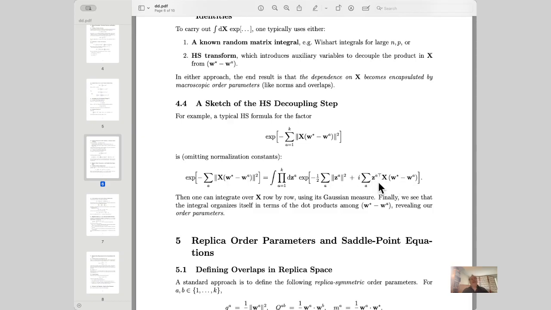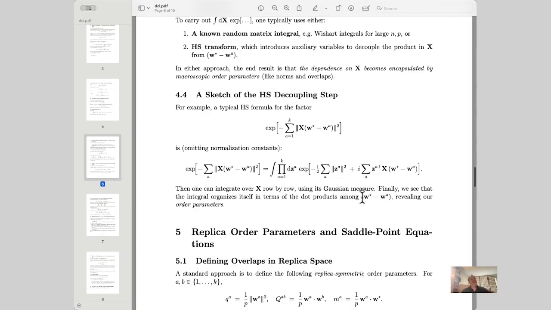It linearizes it in terms of a field variable that you're going to integrate over. This is a standard trick in physics, and we could probably spend an hour going through it, but it is basically completing the square. So you can now integrate over X row by row using its Gaussian measure.